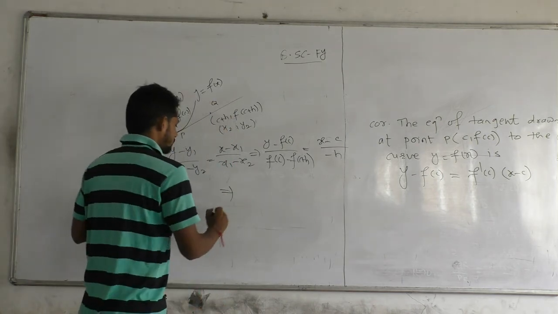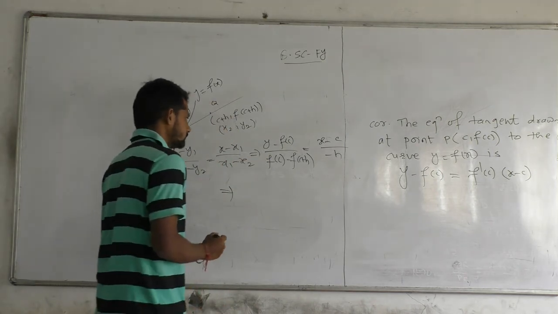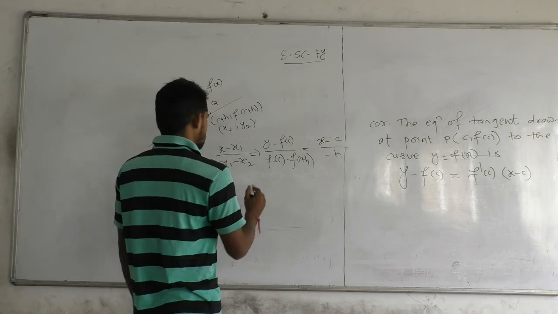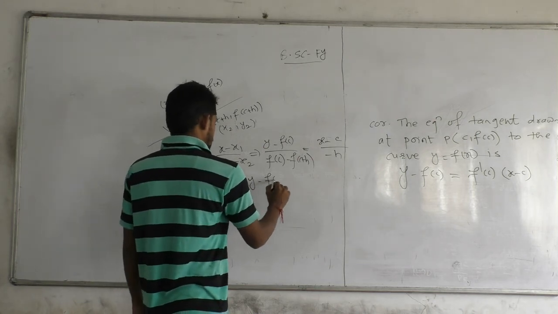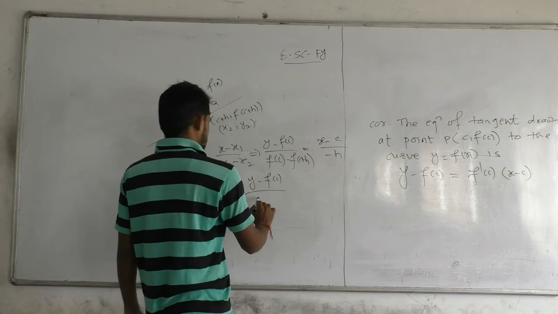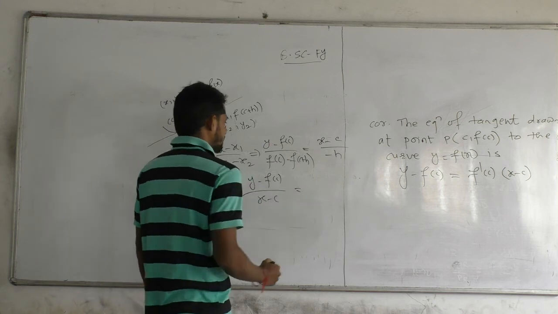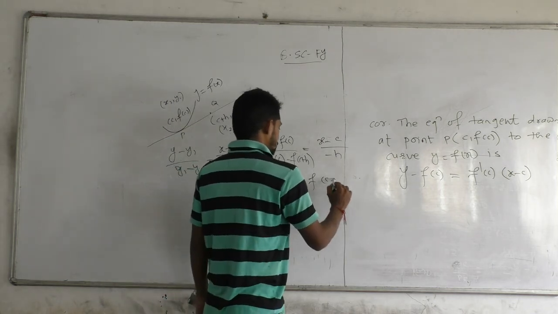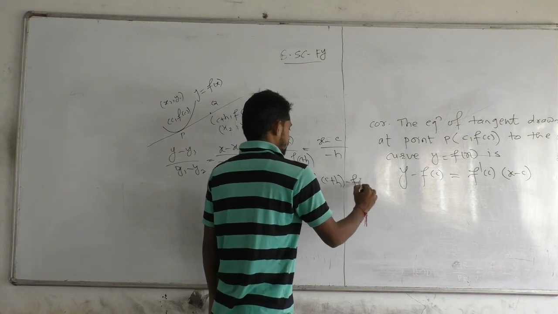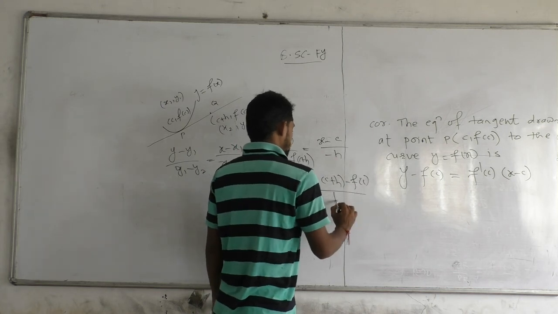Now from this we can write y minus f of c divided by x minus c is equal to f of c plus h minus f of c divided by h.